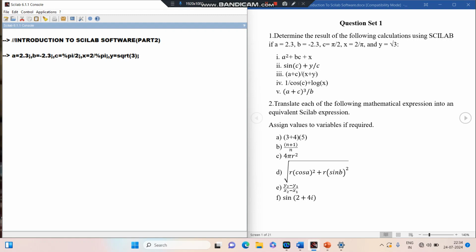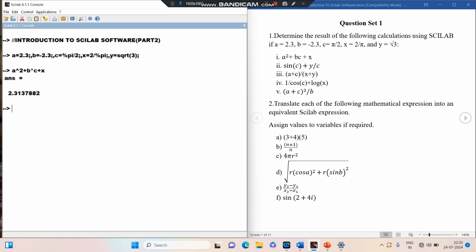So this way we have assigned values to the variables. Once this is done, let us see the first one which is a square plus bc plus x. So for a square we are going to write a cap 2 plus b star c plus x. So this is the answer.